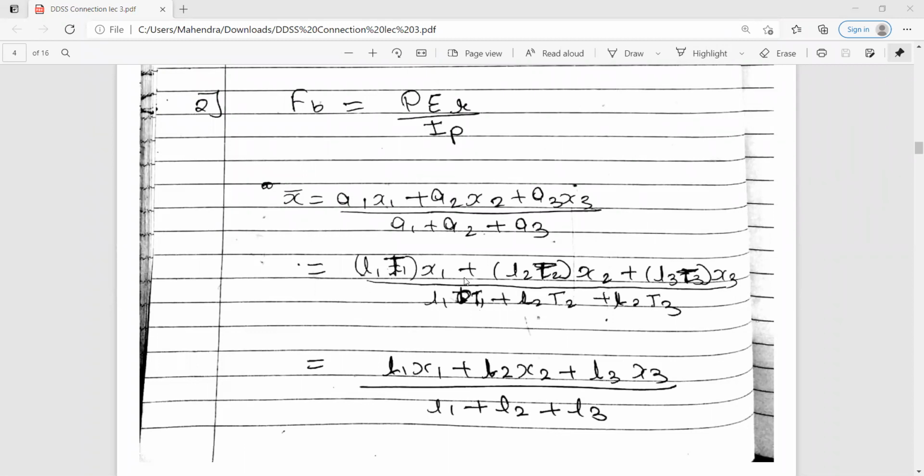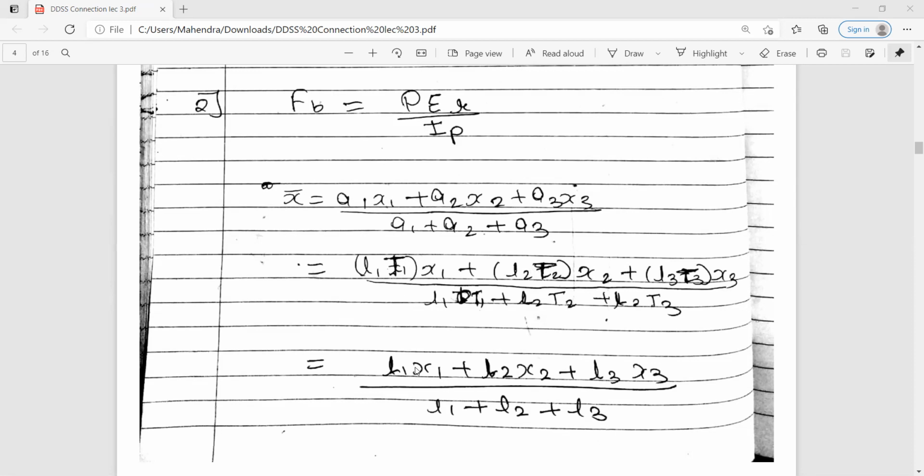So L1 into T1 plus L2 into T2 plus L3 into T3, and the same in the denominator: L1 into T1 plus L2 into T2 plus L3 into T3. From the top T1, T2 and T3 are common, and in the denominator also T1, T2, T3 are common, so both terms cancel out.